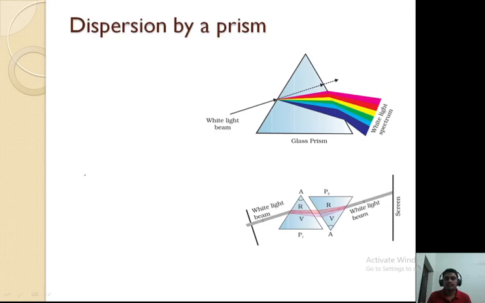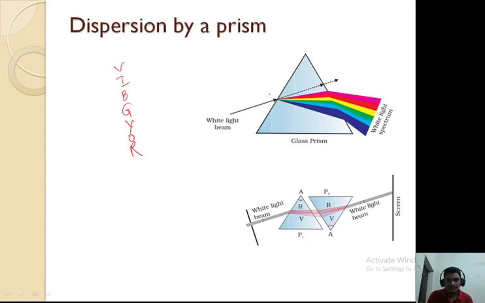When a ray of white light passes through a prism, it is not only deviated but also splits up into its constituent colors, and you will see the colors in the following sequence: VIBGYOR, violet, indigo, blue, green, yellow, orange, red.